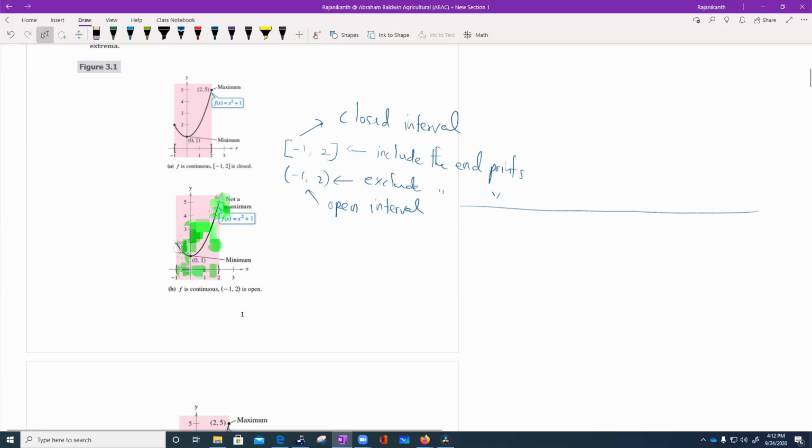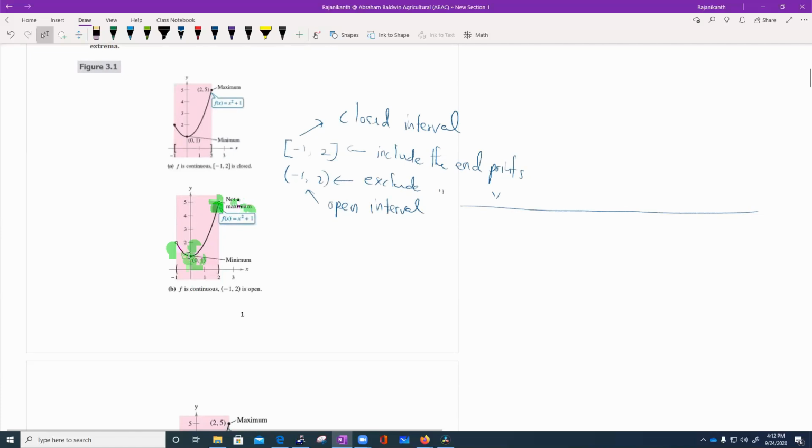I see the minimum value of the function here, but do we have any maximum for this curve? No, we cannot say this is a maximum because we did not include that point. Therefore, this picture does not have a maximum value, only a minimum.